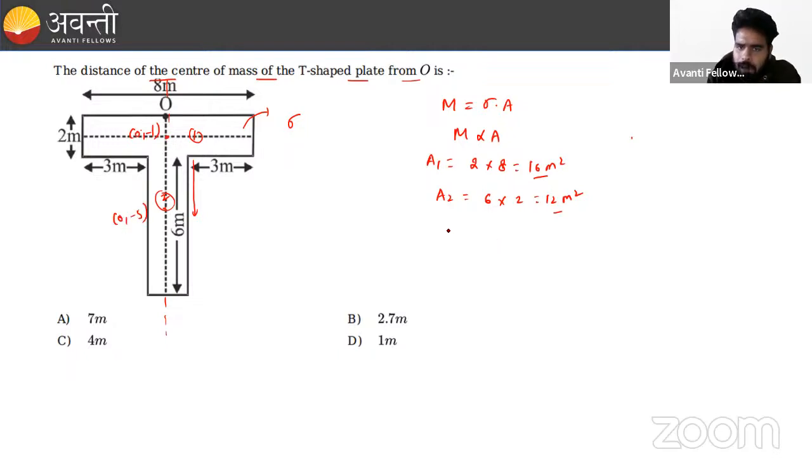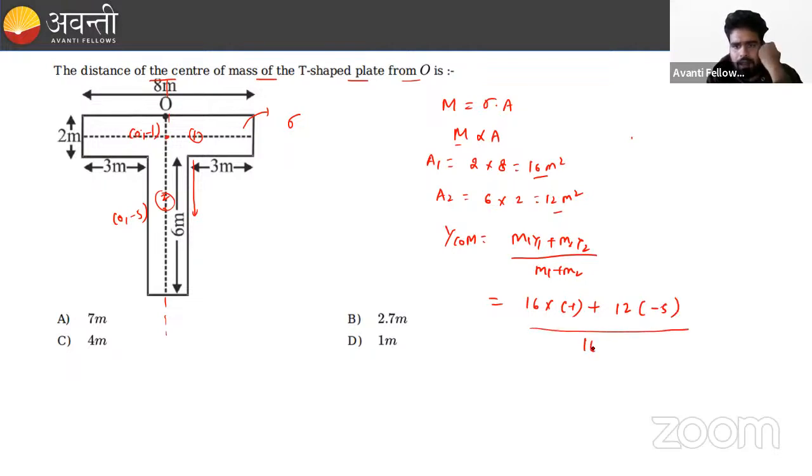Correct. So if we apply the formula, YCOM equals M1 Y1 plus M2 Y2 divided by M1 plus M2. Am I correct? What is the value of M1? Because we know that mass is proportional to area, the area of the first part is 16 into minus 1. Again, M2 is 12 into minus 5. And here this will become 16 plus 12.